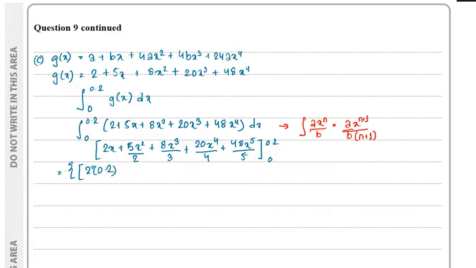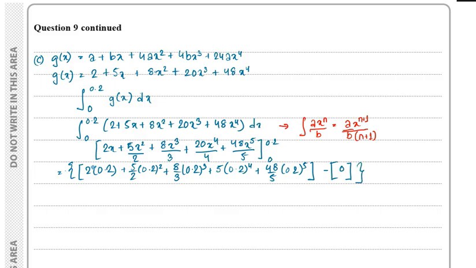So this will be 2 by 0.2 plus 5 by 2 by 0.2 squared plus 8 by 3, 0.2 cubed plus 20 by 4 is 5, 0.2 to the power 4 plus 48 by 5, 0.2 to the power 5 minus this will be 2 multiplied by 0. The x will be substituted by 0, so the whole thing will actually be 0, so I'm not writing it again.